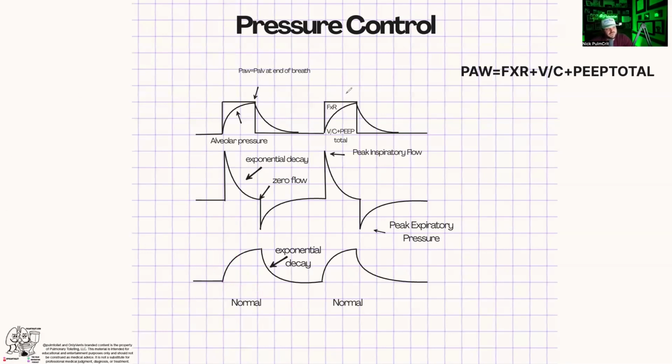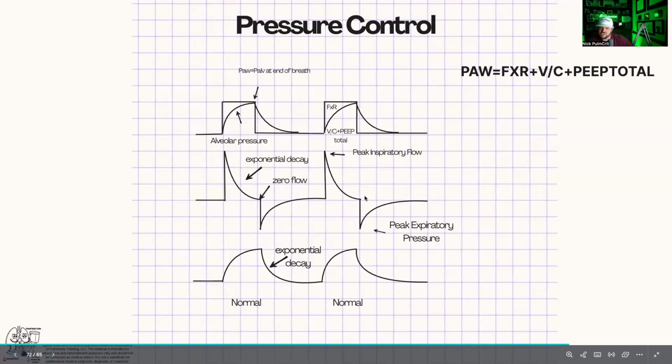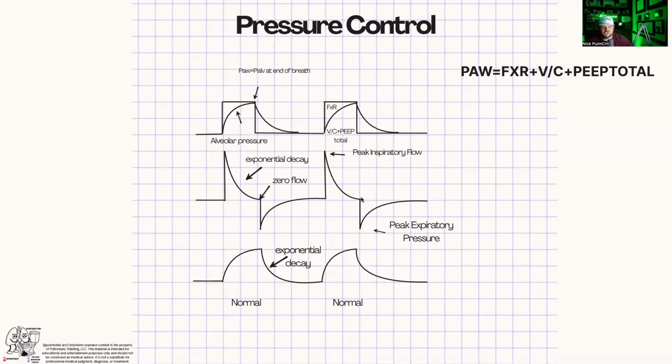So this is sort of how I wrote the waveform book, pointing this stuff out and what changes as we change the different parameters. So this is normal. If you did nothing else and just took a screenshot of this, then when you're on service next, if you have a patient on the ventilator on pressure control or some pressure-based mode, PRVC, APV, whatever you want to call it, and it doesn't look like this, that means that the patient isn't passive.